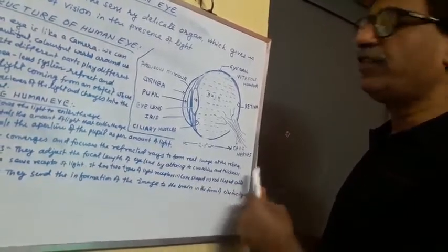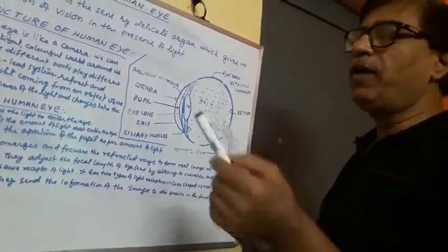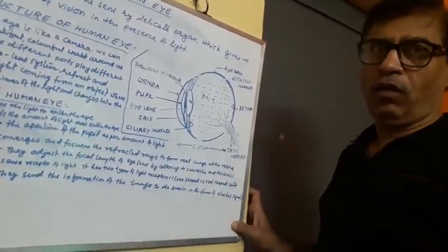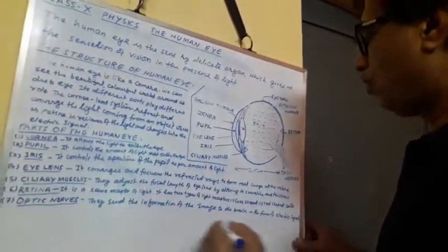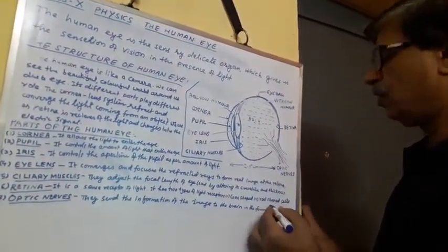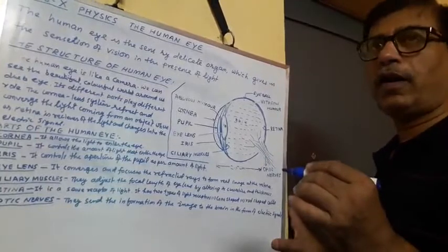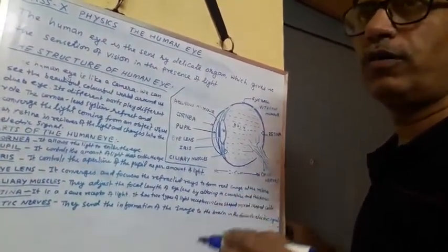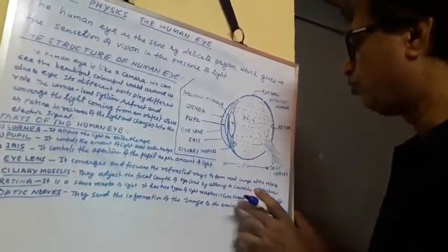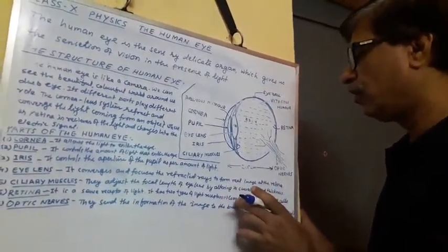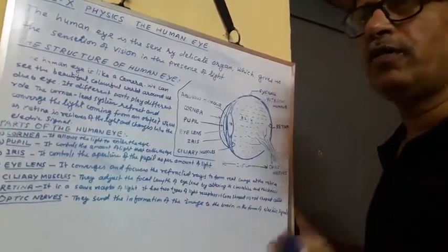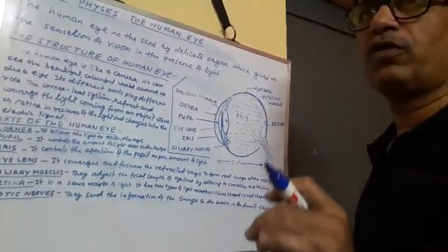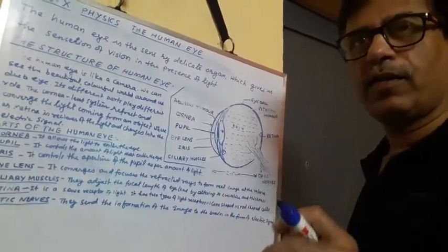After these receptors, the image formed at the retina is converted into an electric signal. So the rod-shaped cells respond to the brightness of light, and the cone-shaped cells respond to the color of the light. The difference between these two types of cells is that cone-shaped cells only respond in bright light, but rod-shaped cells can respond in both conditions, bright light as well as dim light.